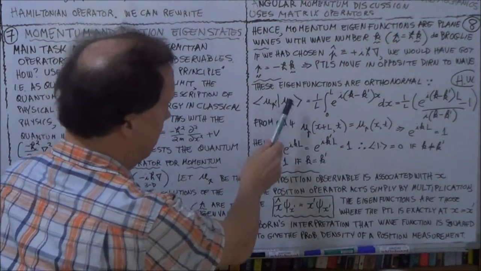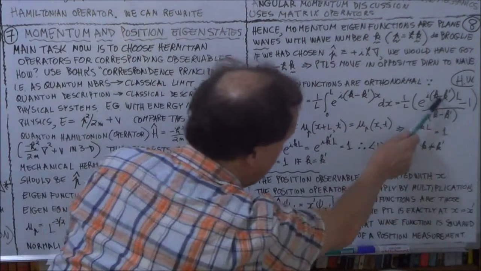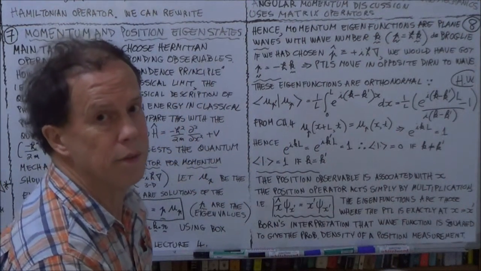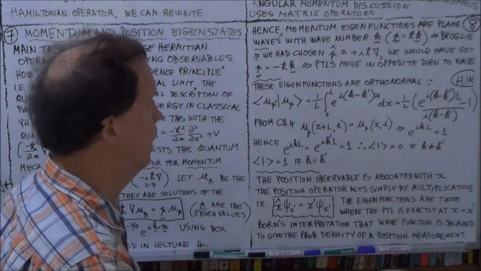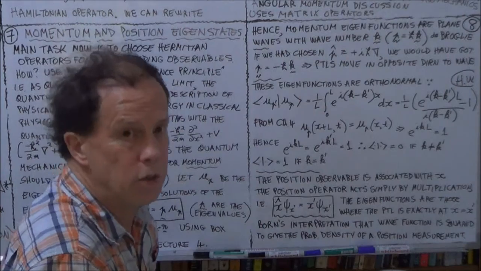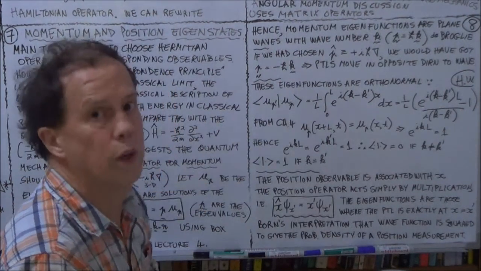So if p dashed and p are different, this becomes 0, and therefore the bracket here is 0, so that they are orthogonal. Now when p dashed and p are the same, does this bracket work out to be 1?